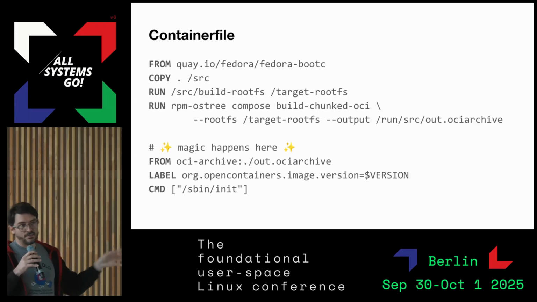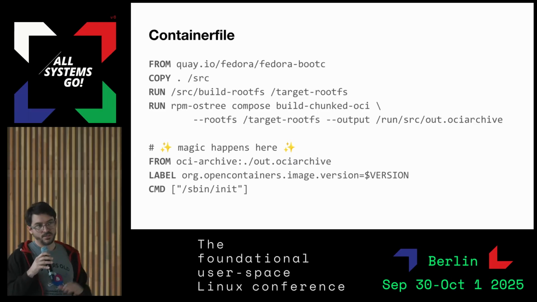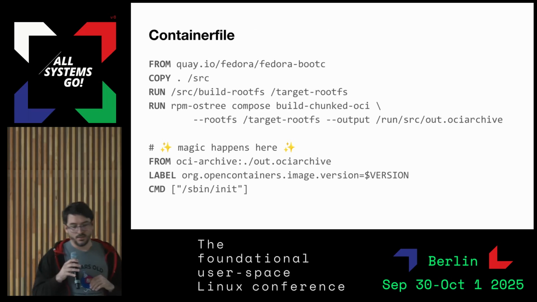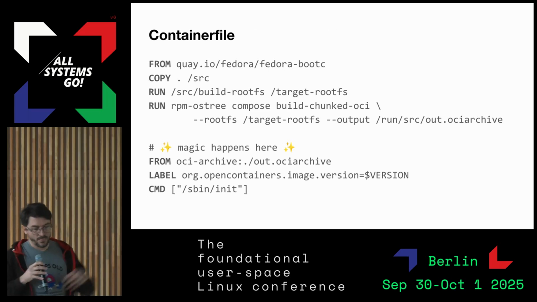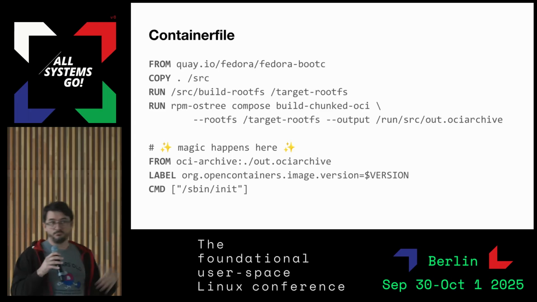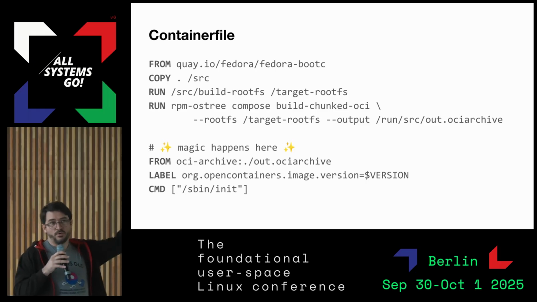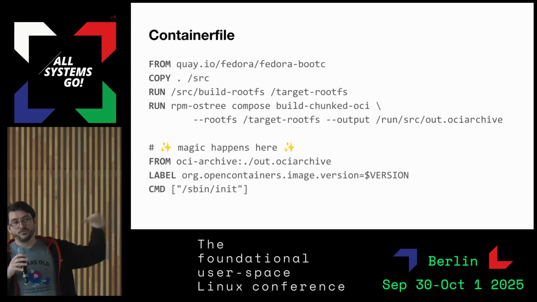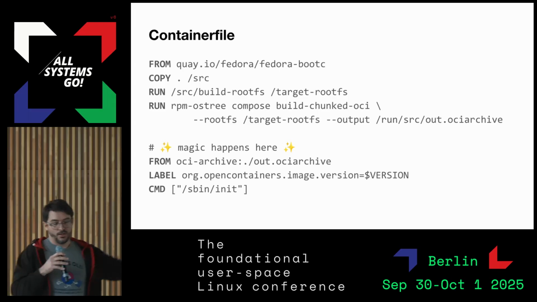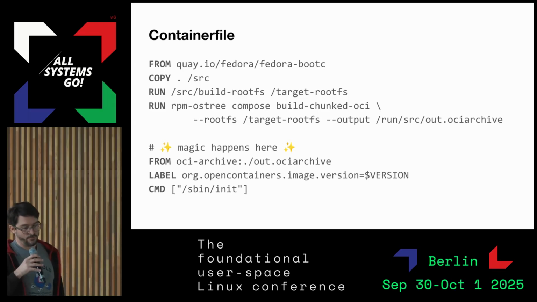So we select which part we want to put in which layers, and we split the packages into those to get a result that is interesting. And this is what this phase does here. And finally, once you have built all those layers, we re-import them inside of our build process here with the from line. And then you add whatever labels you want, the version, you set the default command line, etc. And then you get your final container image.